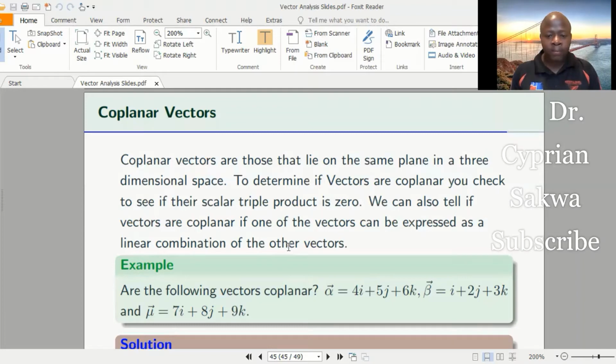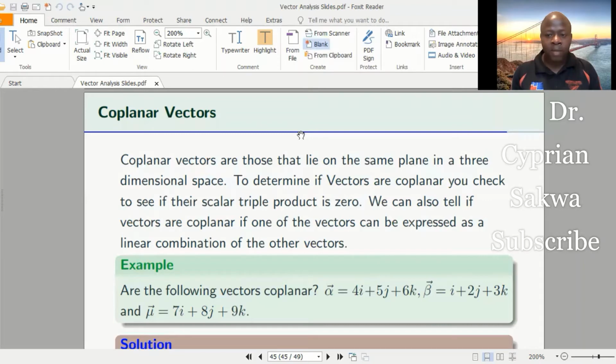That is one way. And the other way is that we can tell if vectors are coplanar by seeing if one of the vectors can be expressed as a linear combination of the other vectors. So we look at these two ways. And of course, you can also use the knowledge of finding the determinant.